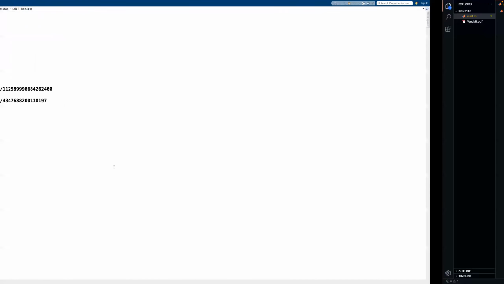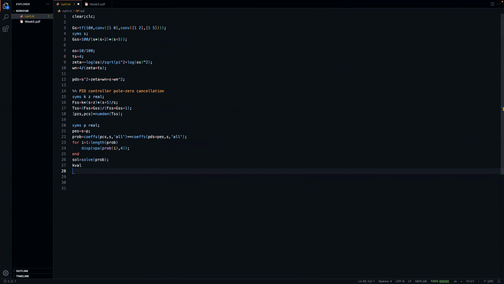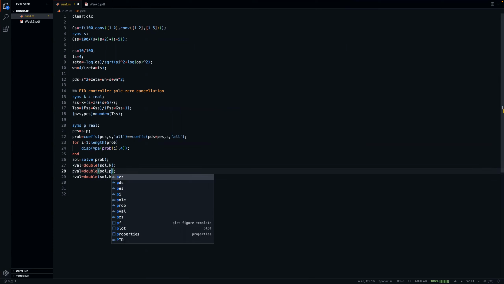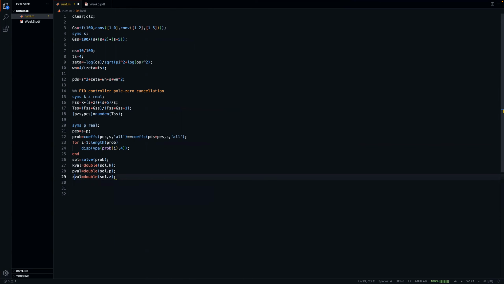So we have KP and Z. So kval, double, sol.k. Then we have pval, sol.p, zval, sol.z. Now at this point, we are actually ready to define our PID controller.